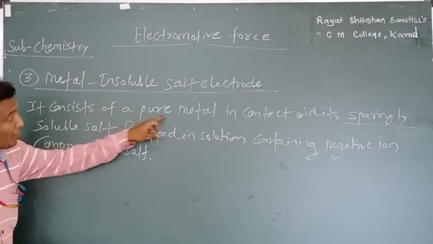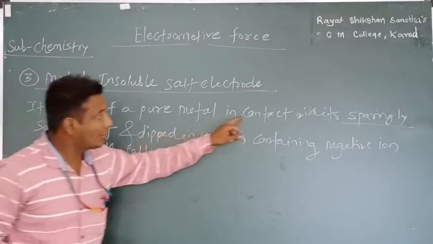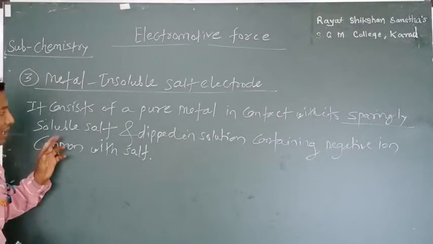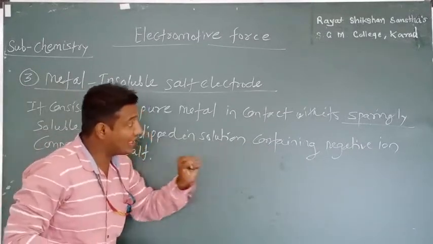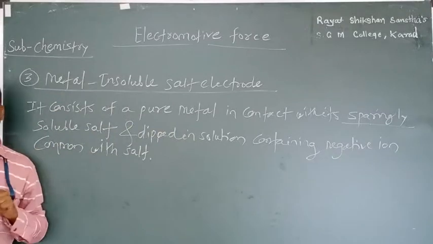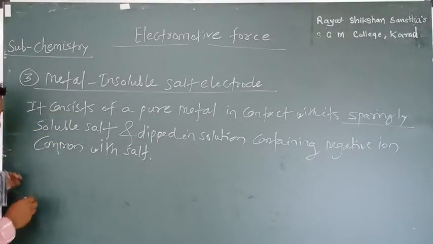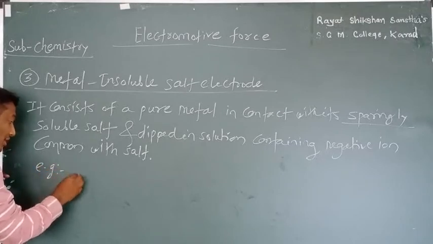It consists of pure metal in contact with its sparingly soluble salt, and dipped in solution containing negative ion common with the salt. This is the introduction. Then what are the examples of this type of electrode?